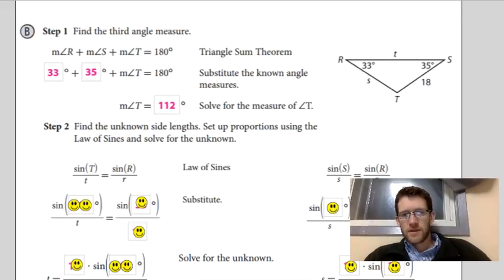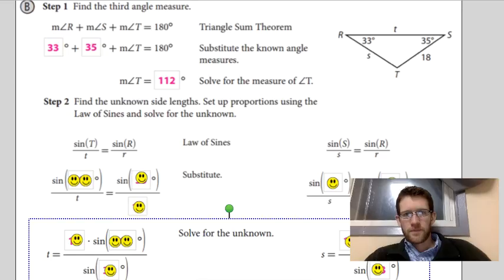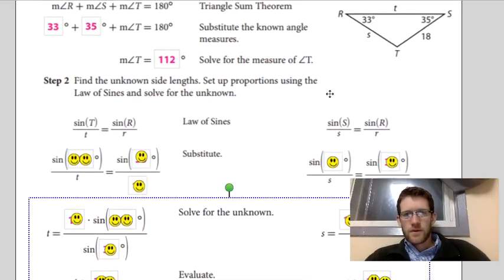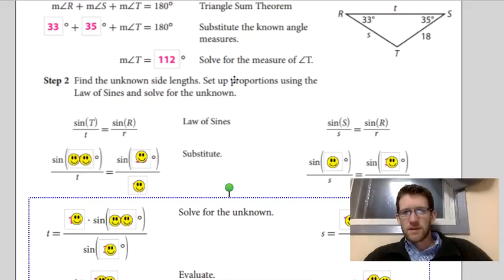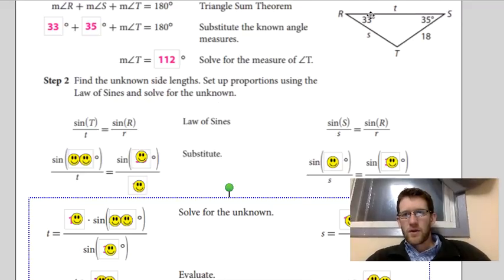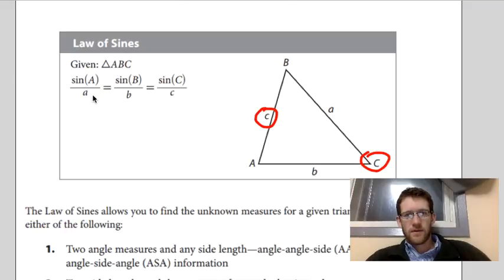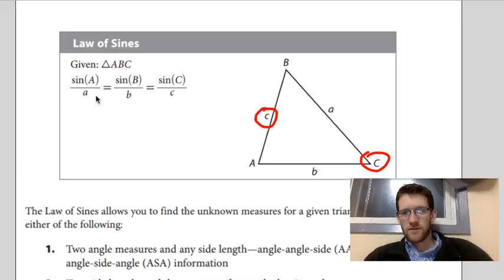And now we need to use the law of sines to solve for this. So we're going to set up our proportions. And whenever we set up these proportions, instead of doing all three, we're not going to set up all three of these equal to each other. We're just going to focus on two, right? Because we just need a single equation, a single equal sign in order to solve for an unknown.